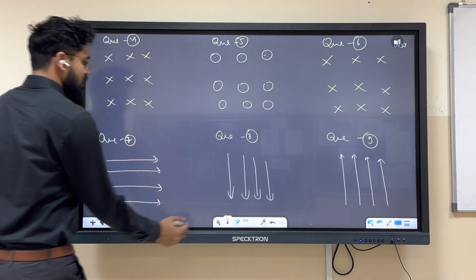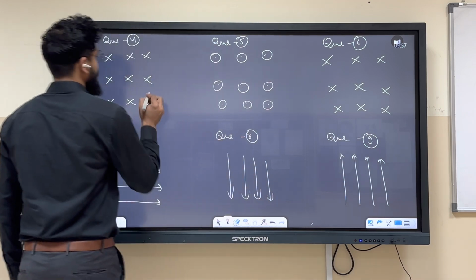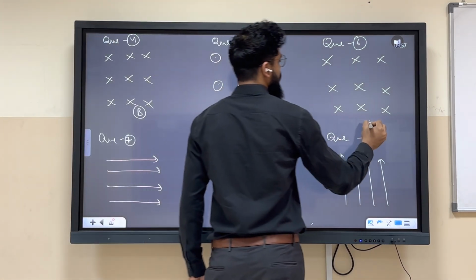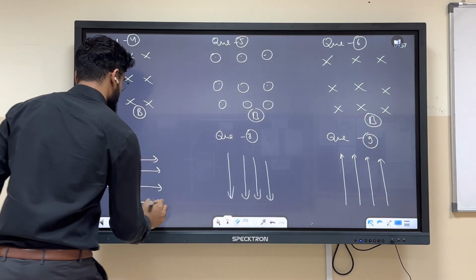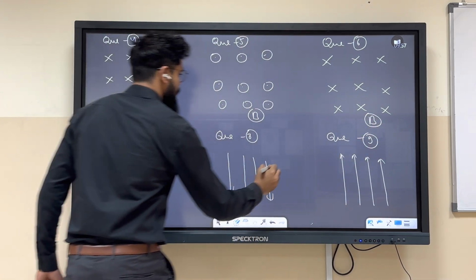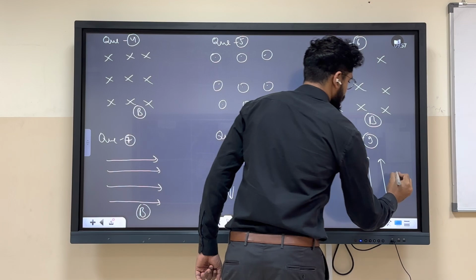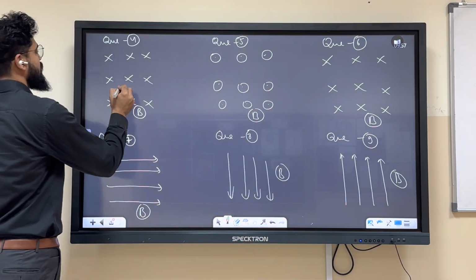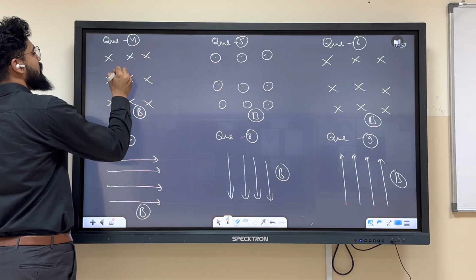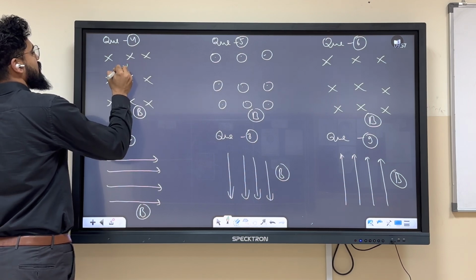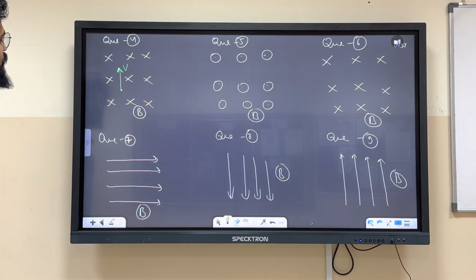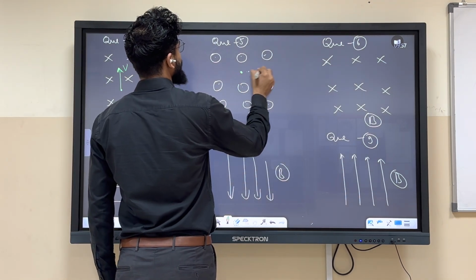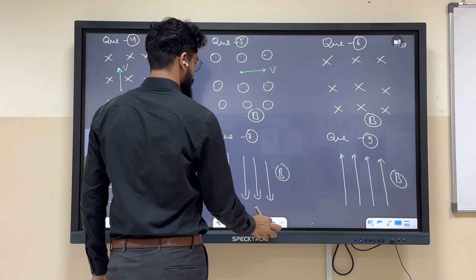Okay. These are the direction of what? Magnetic field. This is B. Magnetic field. Magnetic field. Magnetic field. Now, your charge over here is moving in this direction.